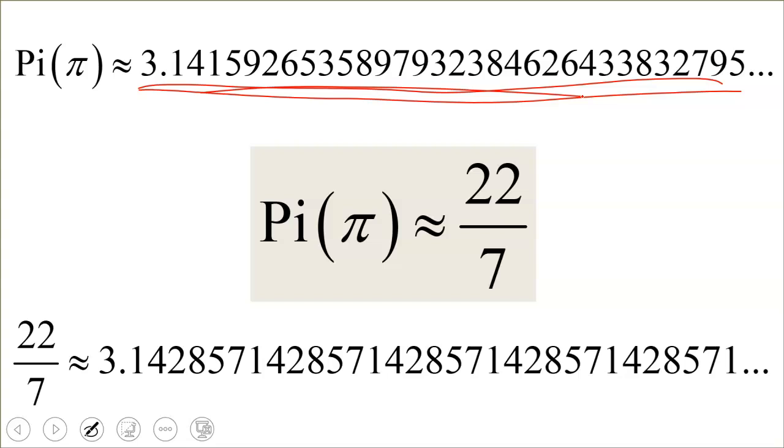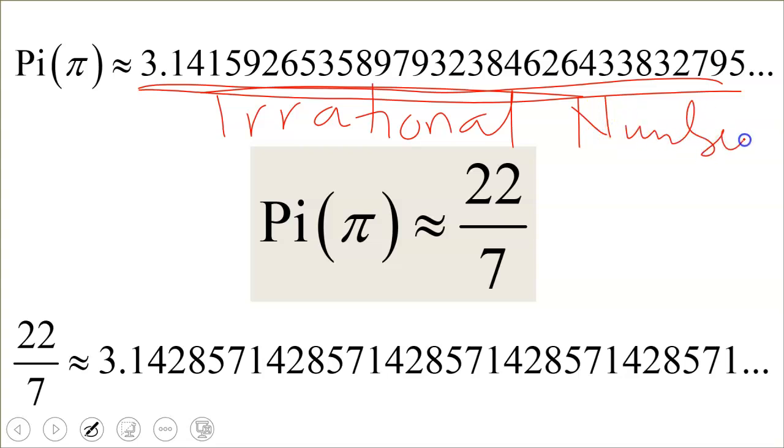And we know from our lesson that any number that does not terminate in terms of decimals, and does not repeat or recur, is called an irrational number. If you want to mention this number, you could mention it for the next 20 years and not finish. So we call it an irrational number. And so pi is an irrational number.